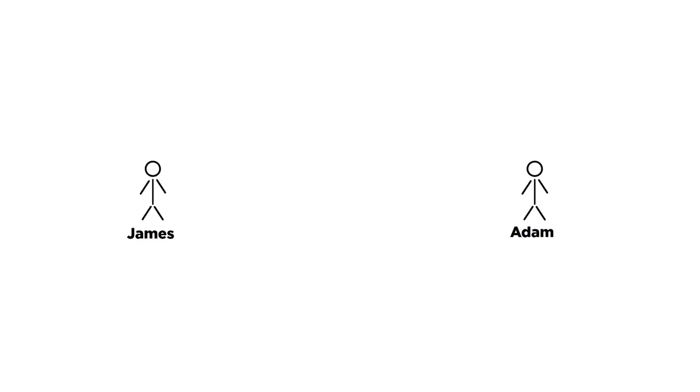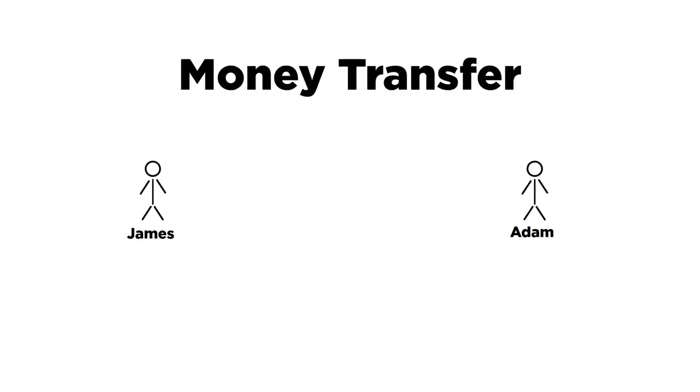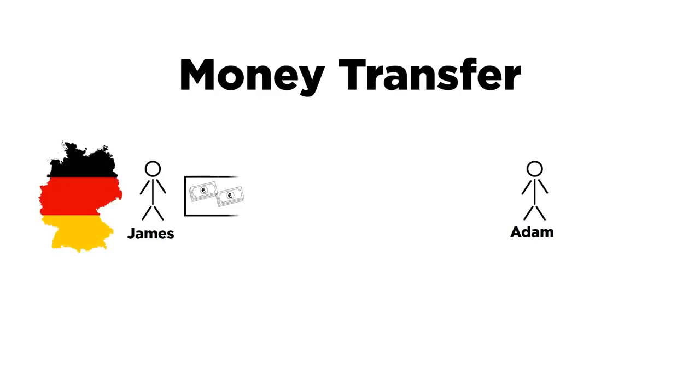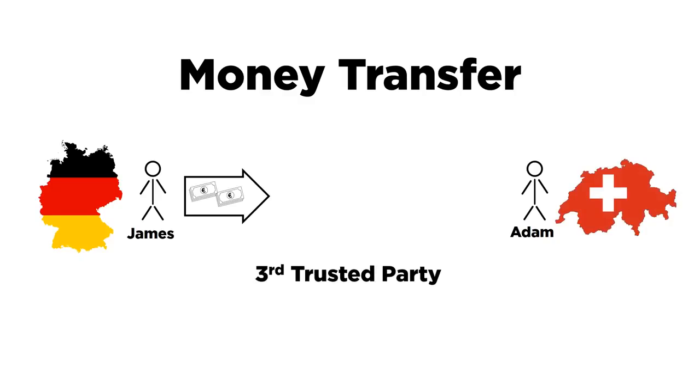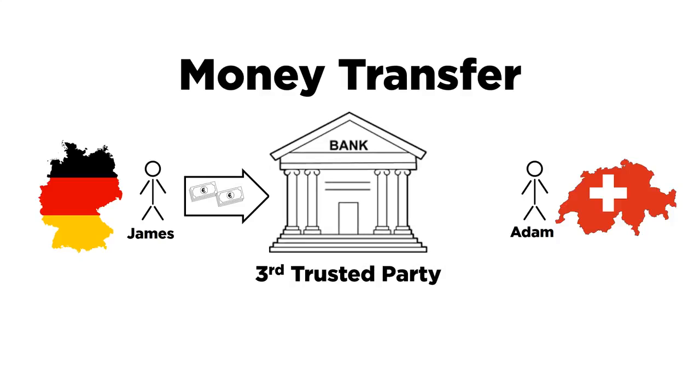Blockchain helps solve the problem of money transfer. For example, James, who lives in Germany, wants to send money to Adam, who lives in Switzerland. The conventional way is that a trusted third party, normally a bank, gets involved between these two persons to facilitate this transfer of money. So James contacts his bank to send money to Adam.